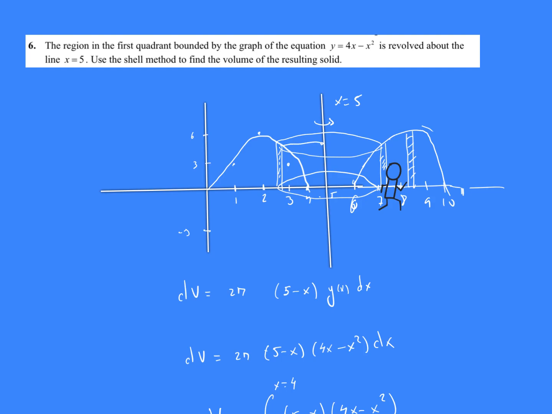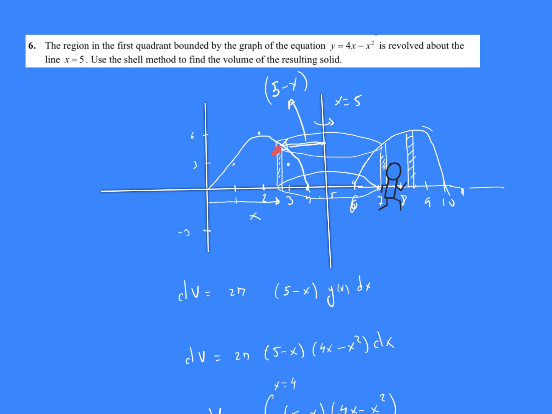The radius is 5 minus the position where the shell is, and the position where the shell is is at the position x. So the radius is 5 minus x. So it's 2 pi by the radius multiplied by the height by dx.